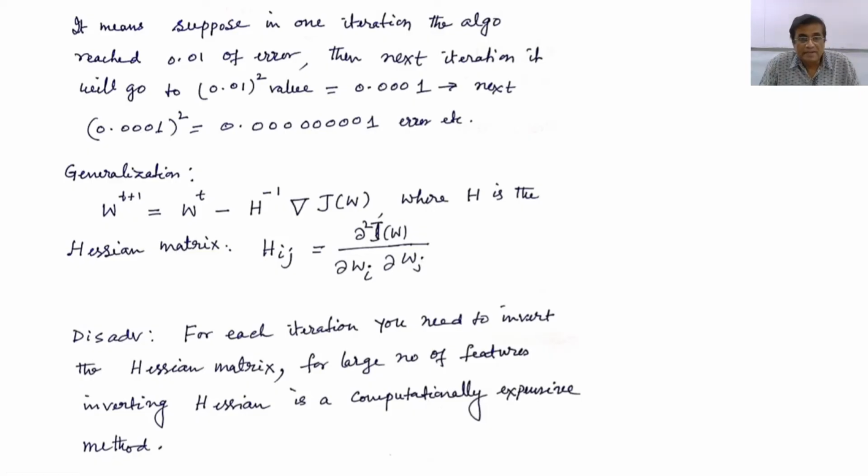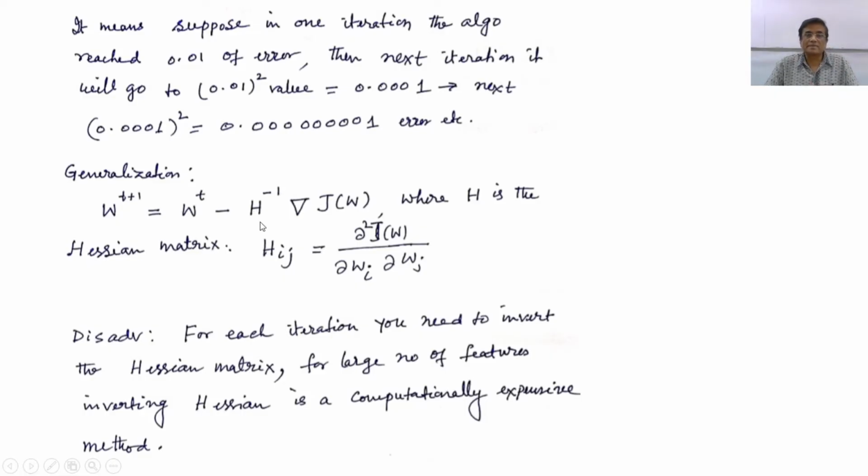However, in machine learning, as you know, there is no free lunch. For each iteration you will have to make this calculation, that is, you will have to invert the Hessian matrix, okay. And if you have a large number of features, so the dimension n is large, then inverting all the time is computationally intensive.